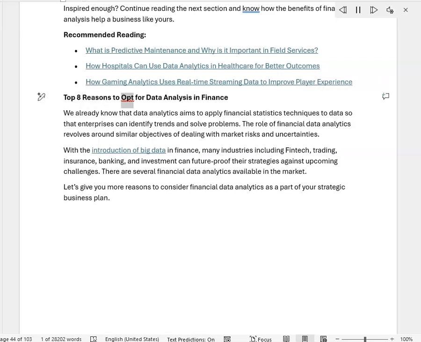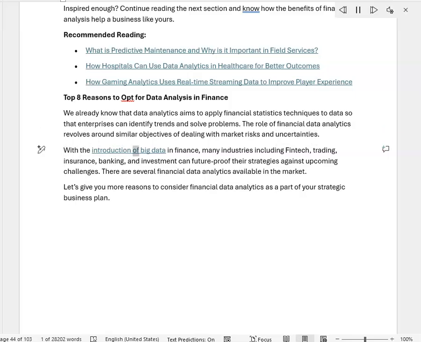Top 8 reasons to opt for data analysis in finance. We already know that data analytics aims to apply financial statistics techniques to data so that enterprises can identify trends and solve problems. The role of financial data analytics revolves around similar objectives of dealing with market risks and uncertainties.